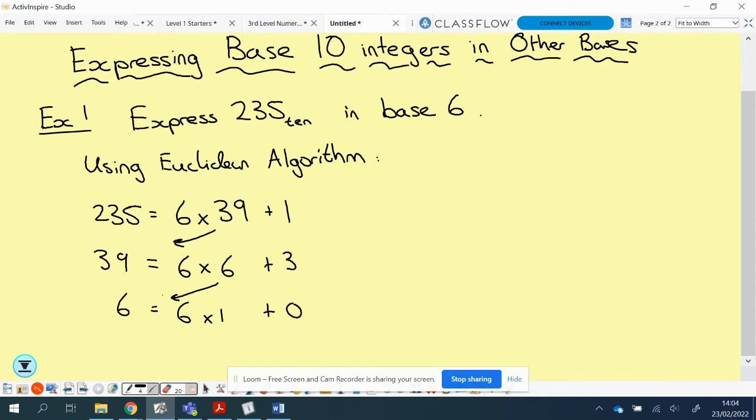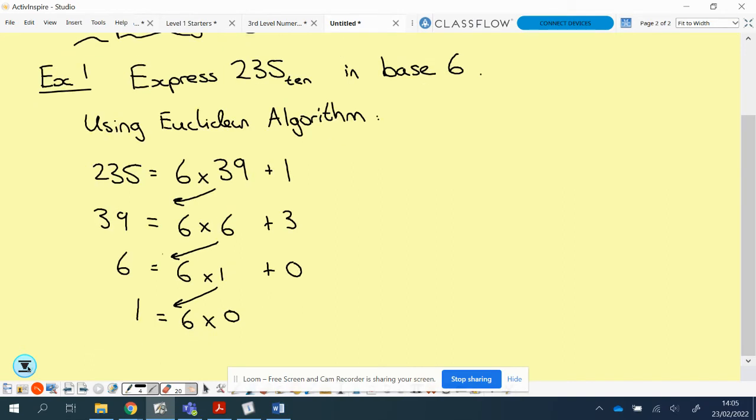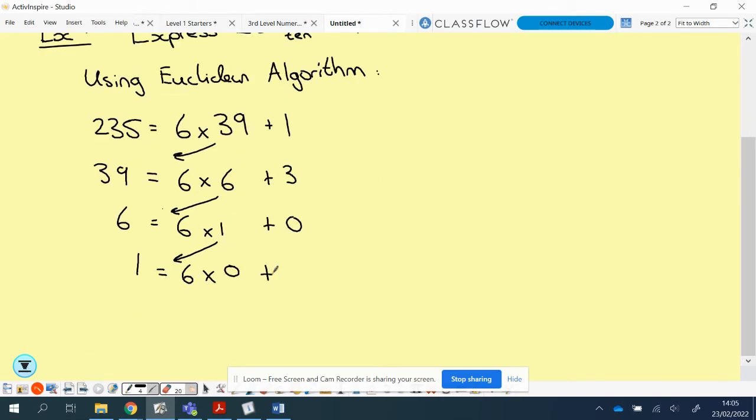So that 1 will move across, but we can't fit 6 into 1 at all, and I'd have a remainder 1 there. So I can't fit any more 6s in, so I stop now.